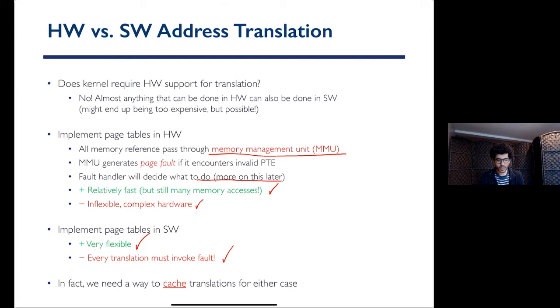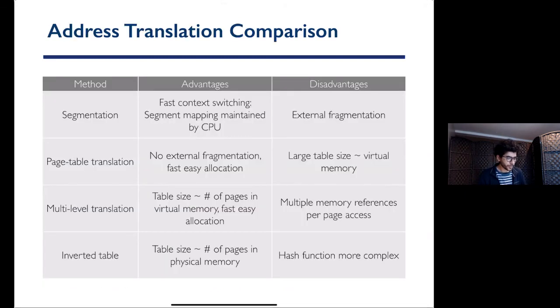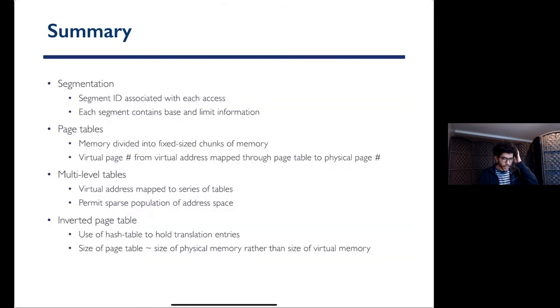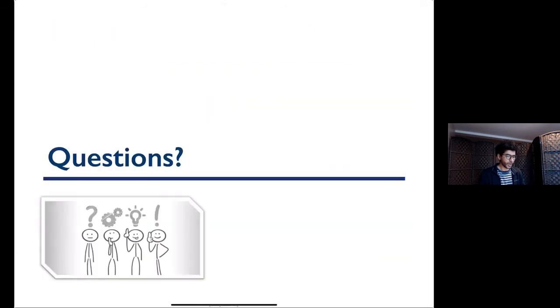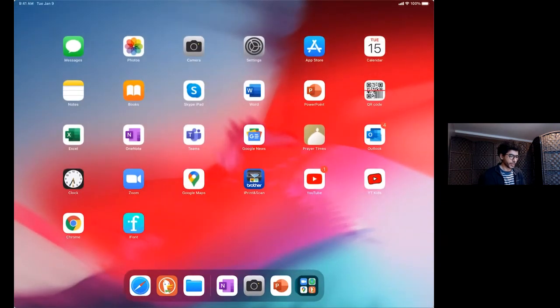And as we'll see when we start talking about caches, we're going to cache the translation to speed this process up. This is just a summary of everything that we talked about, so you can look at it yourself, and we can move on to the next topic.